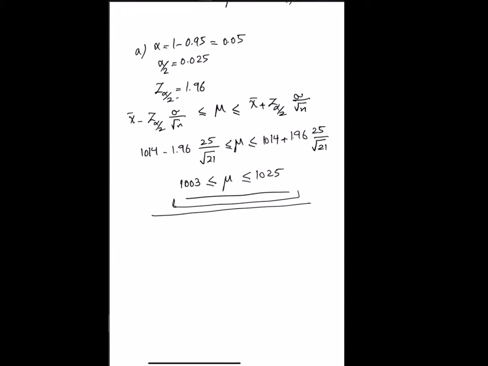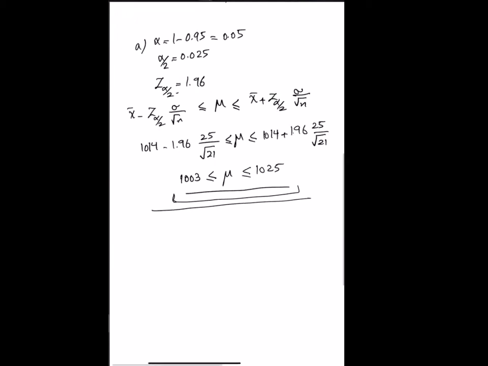Then part B wants us to find a 95%. Is there any question, guys, before I go to part B? Okay. In part B, we want to construct a 95% lower confidence bound on the mean.